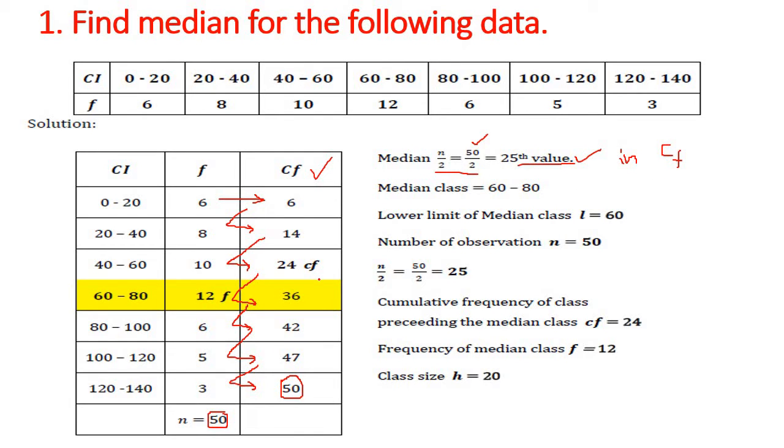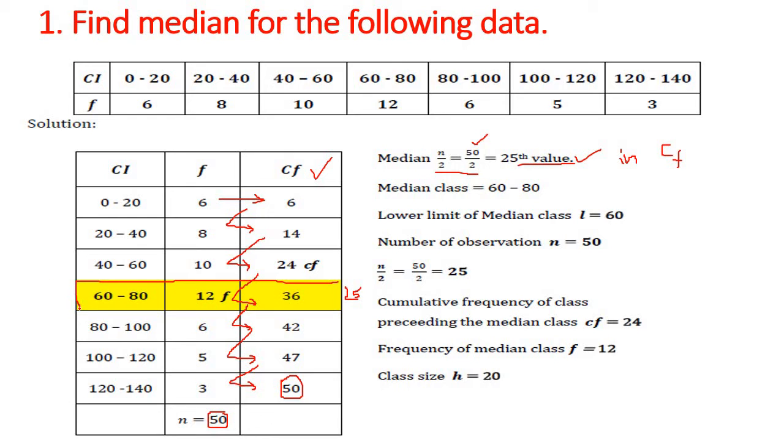Here 24 is there, so the 25th value comes under the class interval 60 to 80. Up to 24 is there, and then the 25th value falls here in this cumulative frequency. So after searching for the value of n by 2, mark the class interval.